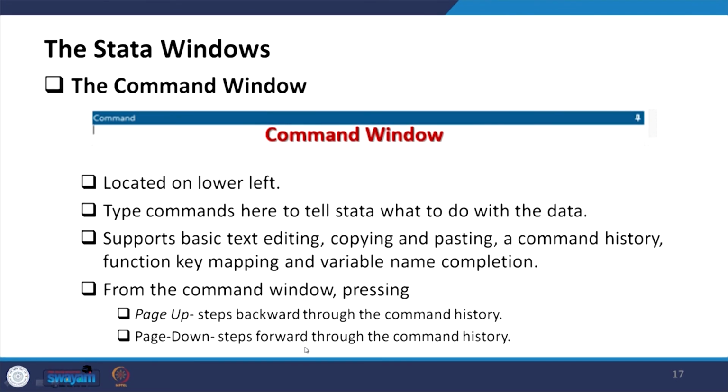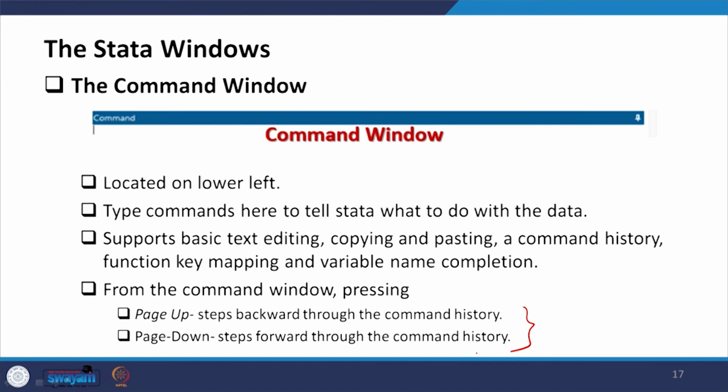Similarly, from the command window, pressing page up steps backward through the command history, and page down steps forward. When I operate I will tell you in detail, you just remember this. These options are there on the keyboard.